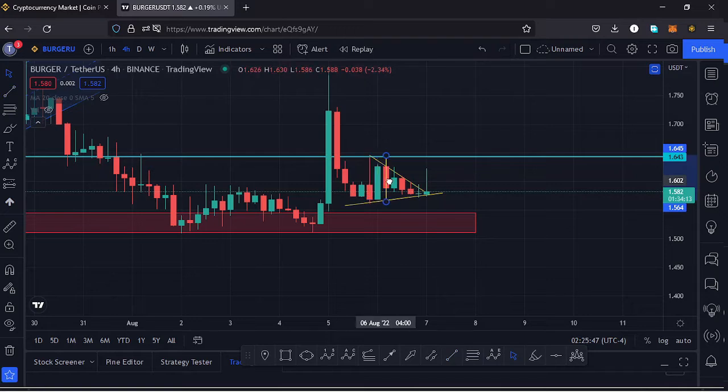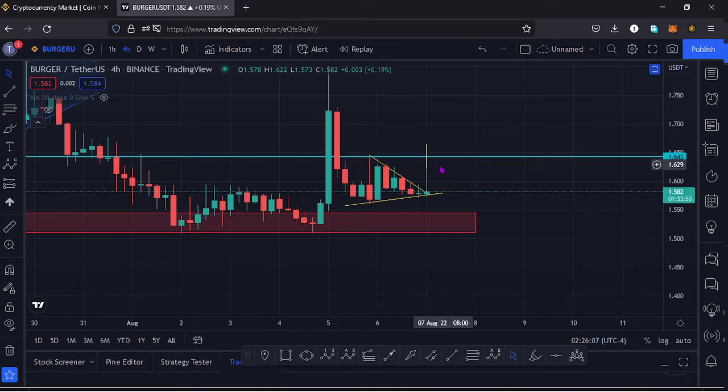Using a trend line, I can get the height, and that gives us a target area at around the $1.67 mark. So if we manage to break out of this pattern, it's possible that we might see a pump to around the $1.67 mark.